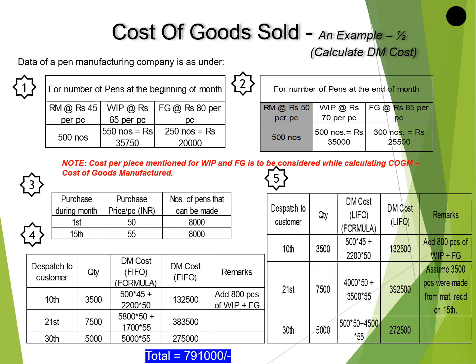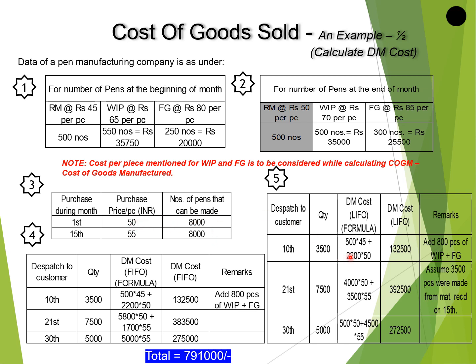Now on 15th we received another lot of 8,000 and we have to dispatch material here on 21st. I am assuming that we could make only 3,500 pieces from this lot till 21st. So 3,500 into 55 I took from this lot, plus 4,000 into 50 remaining I took from this lot.